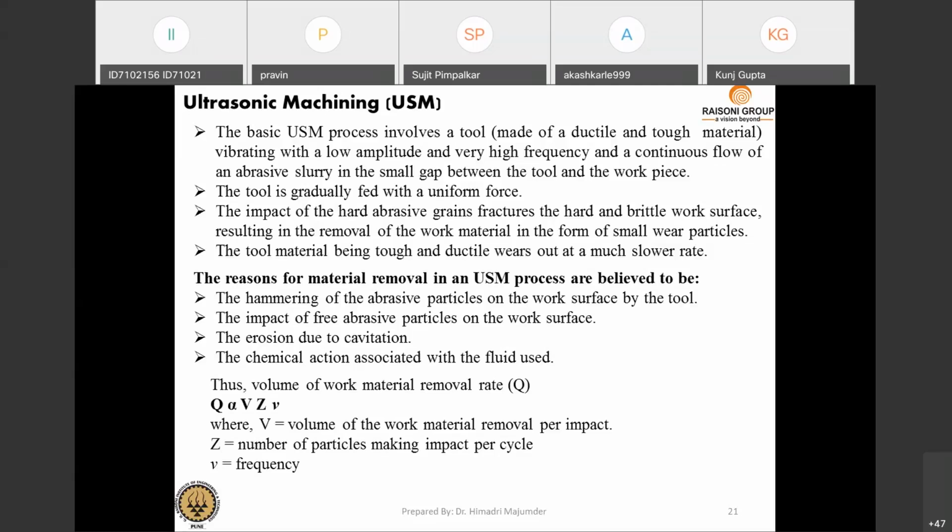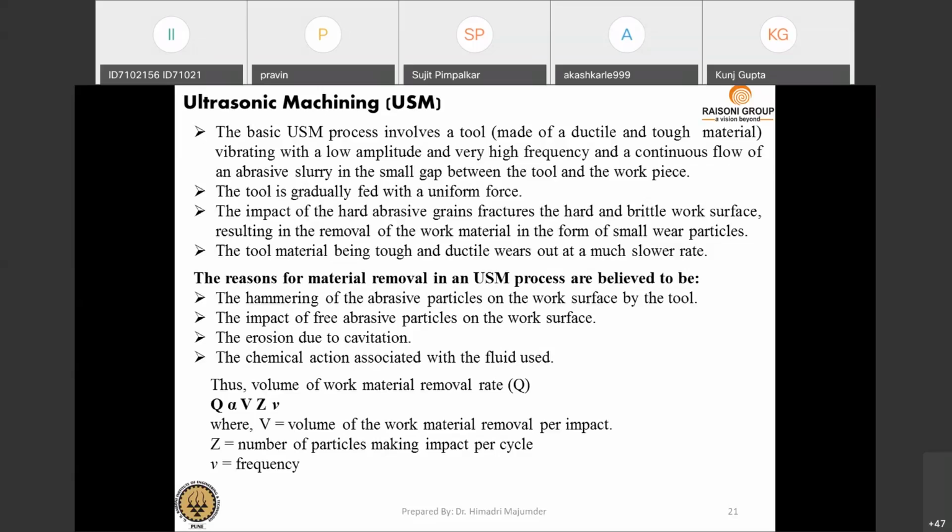Now, what are the reasons that material gets removed during the ultrasonic machining process? First is the hammering of the abrasive particles on the work surface by the tool. Continuously, you are hammering on the work surface using the tool. Then the next reason is the impact of free abrasive particles on the work surface, the free flow of the abrasive.